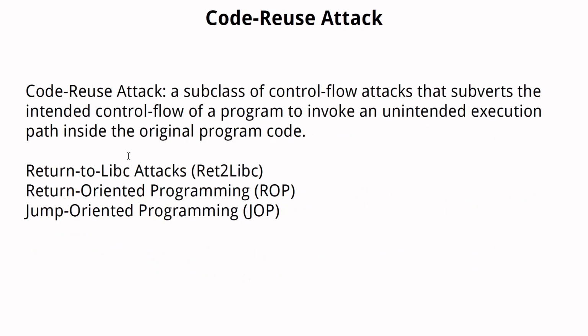So the return to libc attack is actually the latter type. In that return to libc, as you can see, we didn't inject any code, right? We only put two addresses there. One is the system function's address, another is the parameter, /bin/sh's address. We didn't inject any code. We are reusing the code already in the address space.